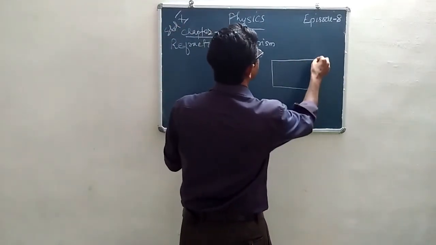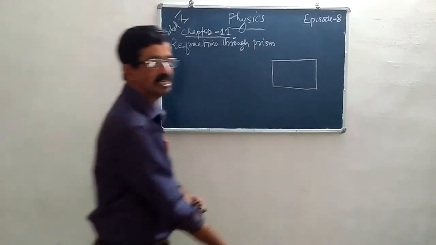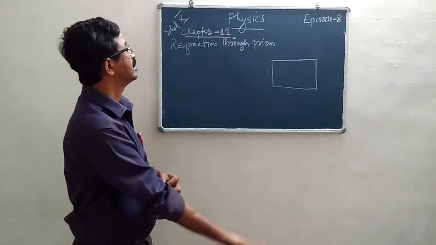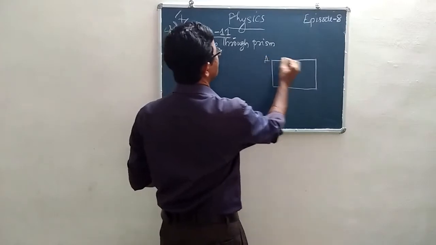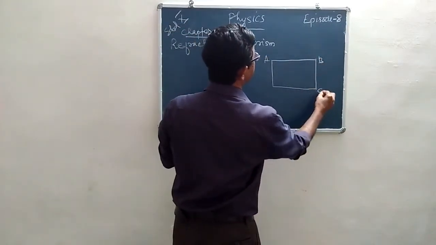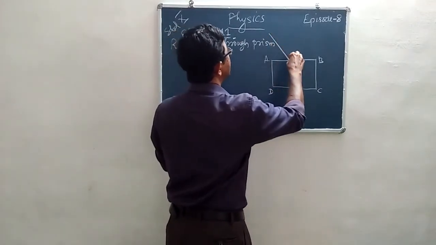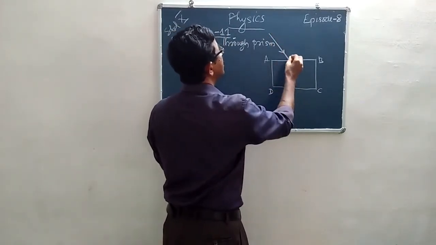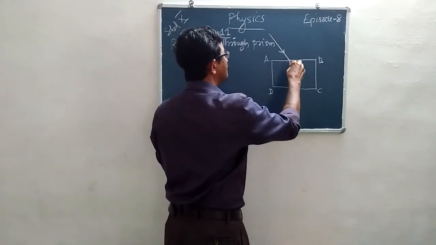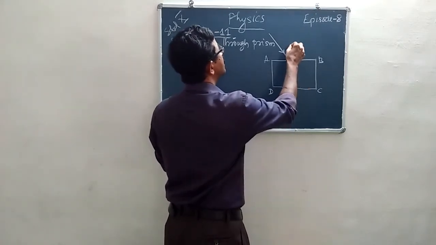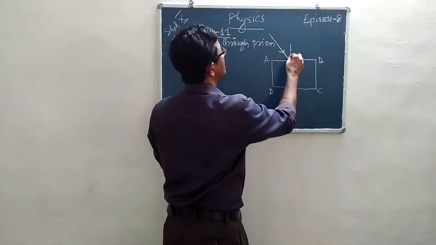See here, this we discussed in the last class. Here A, B, C, D. Here a light ray is incident, and here it is refracted. This is the normal which we draw.